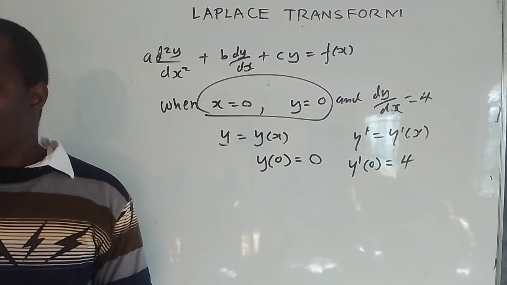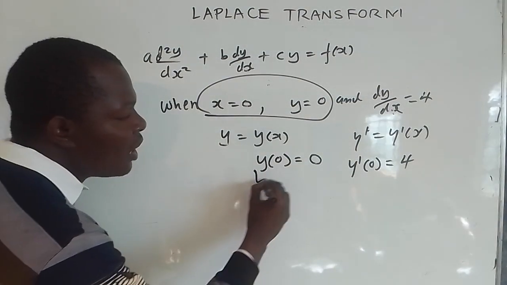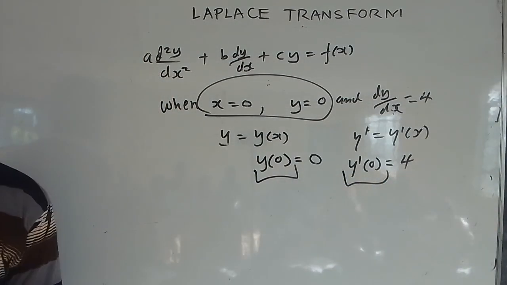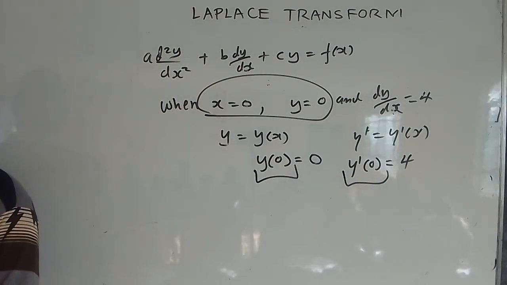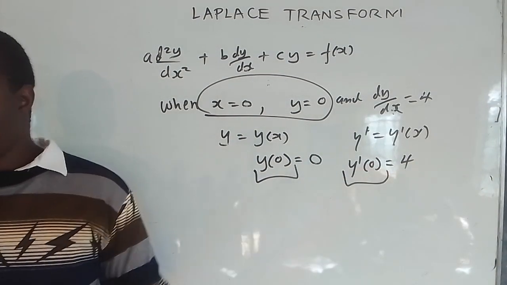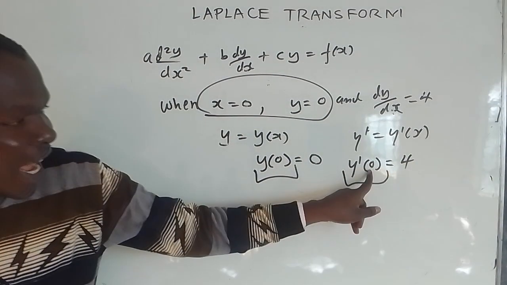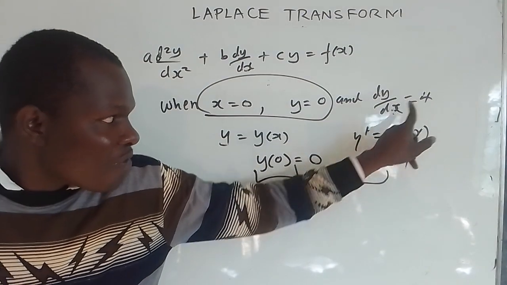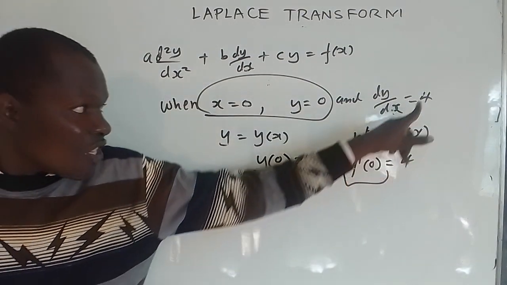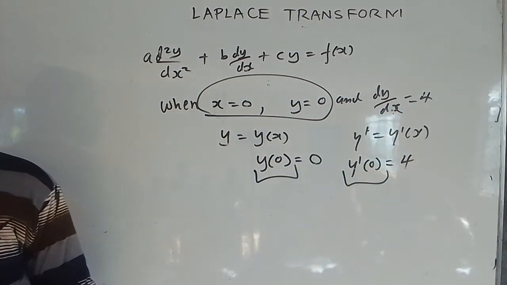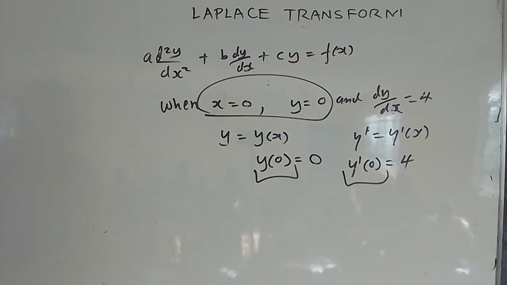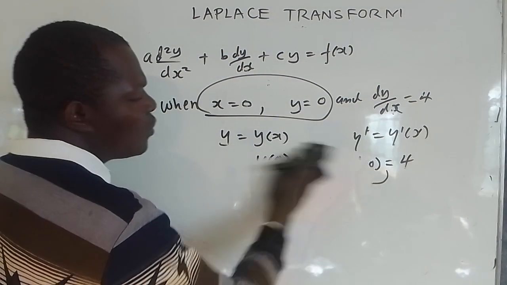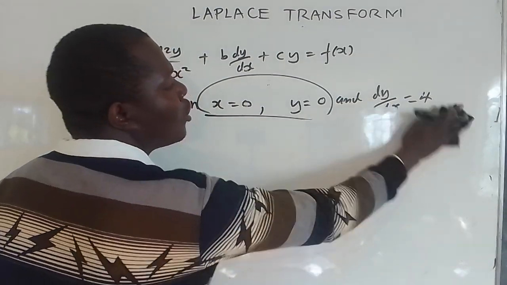Because Laplace transform is giving you the y of 0 and y prime of 0, in case you have the second order ordinary derivative. So when you see y prime of 0 equal to 4, it simply means when x is 0, the derivative dy/dx is 4. Is that okay? Good.